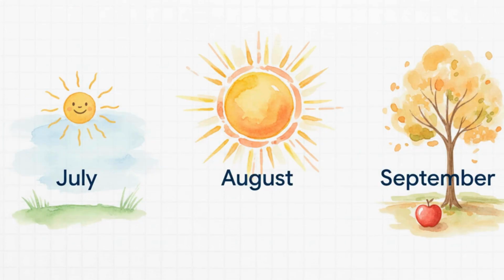So the second half kicks off with summer at its absolute peak. July is definitely hot, but August often takes the trophy for the hottest month of the year. Then comes September, another one of those key transition months where the intense heat finally starts to break and summer begins its slow fade into autumn.